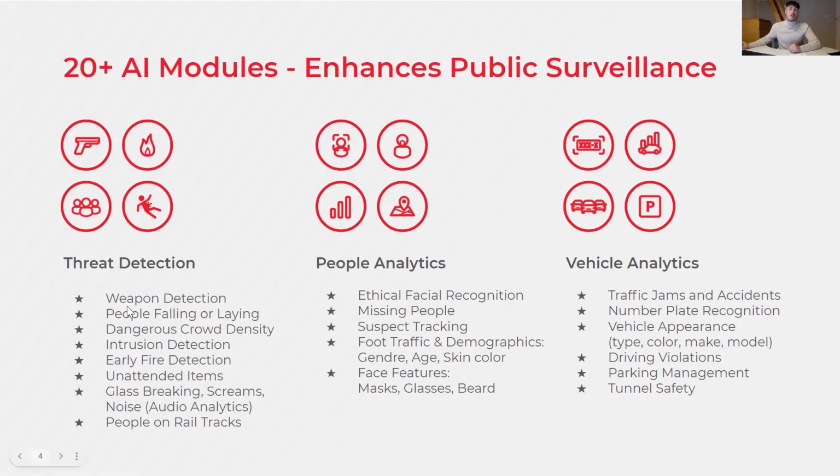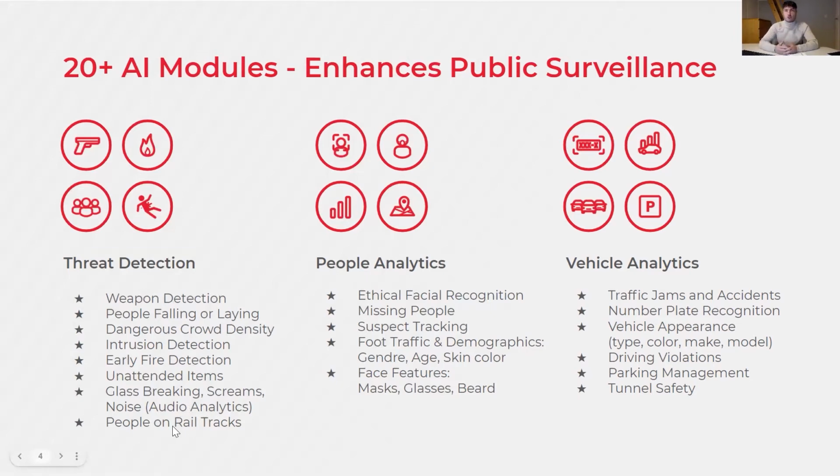This means you can receive instant alerts if there is a weapon detected on an individual under surveillance, if people are falling, dangerous crowd densities, intrusion detection, fire detection, unattended items, glass breaking, and people on railway tracks.